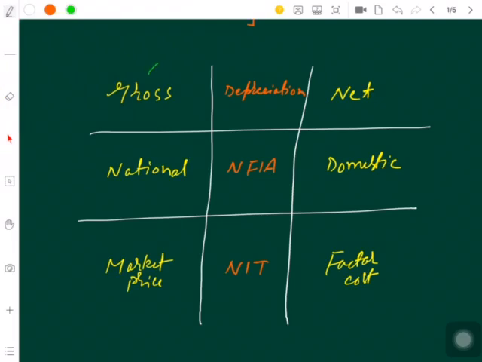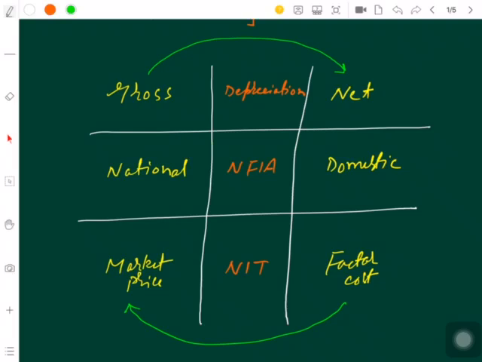I can go from gross to net, national to domestic, market to factor. Or I can come back from factor to market, or domestic to national, or net to gross. So this is the difference between the two.